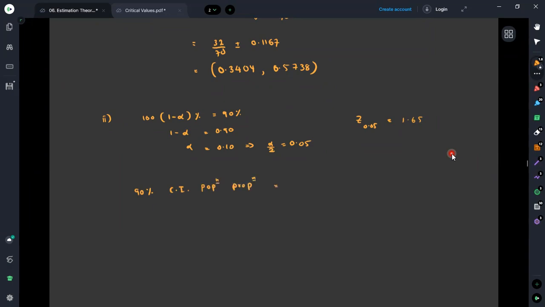It can be taken as 32 over 70, plus or minus the value of Z alpha over 2 multiplied with the square root of 32 over 70 times 1 minus 32 over 70, over 70. Performing this calculation, we'll be able to get the value.